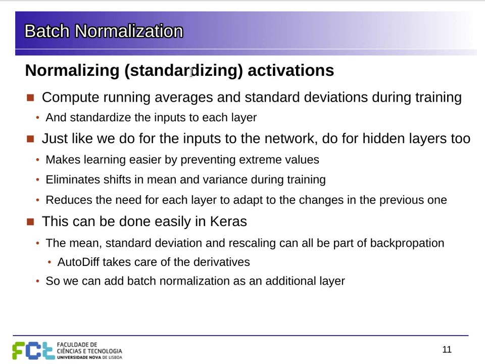And this eliminates these shifts in mean and variance during training, because then each layer of our deep neural network is always seeing a set of inputs from the previous layer that has a mean of 0 and a standard deviation of 1. So everything is centered and only the shape is changing. And this also reduces the need for each layer to constantly adapt to changes in the previous layer that occurred during training.